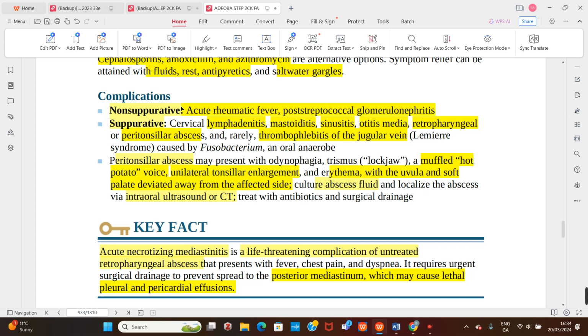The infection that is spreading is the Fusobacterium, not the GAS. Because once the acute pharyngitis occurs and there's inflammation around the pharynx, it's going to lead to colonization of that pharyngeal area by the anaerobes of the mouth, particularly Fusobacterium.